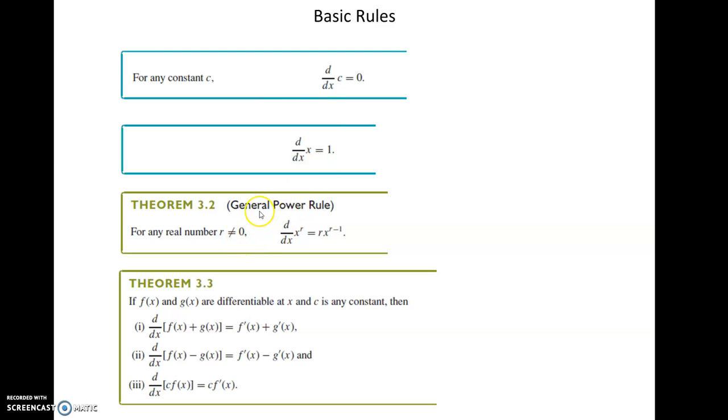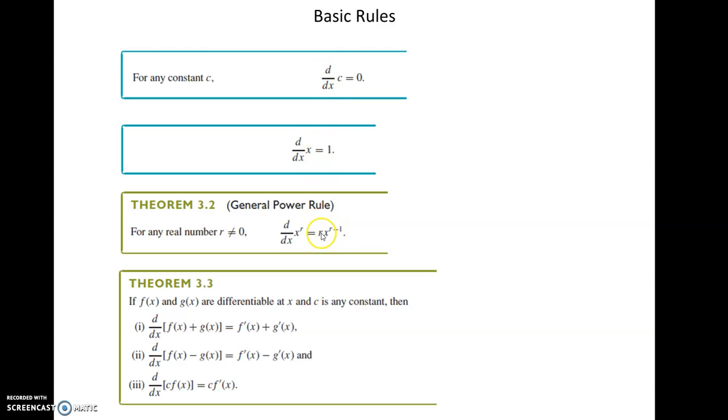And this is very important, the power rule. Derivative of the power function, x to the power r: the derivative of x to the power r is r x to the power r minus 1. So the power becomes the multiplier and then you subtract 1 from the power.